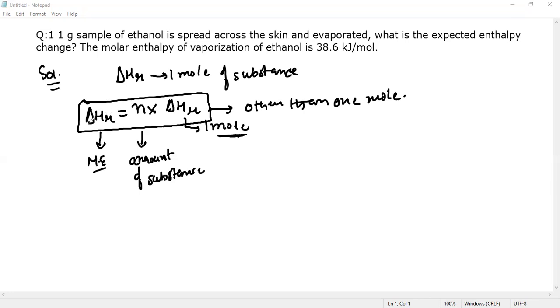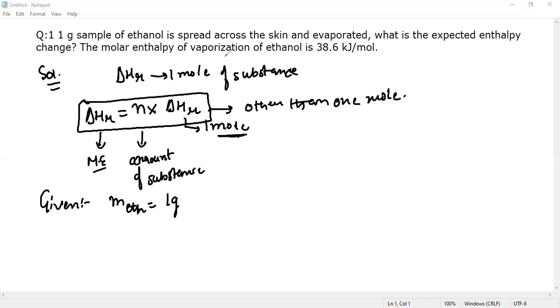First of all, let's write the given information in this question. The given is the mass of the ethanol, which is 1 gram. The next thing given is the enthalpy of vaporization.